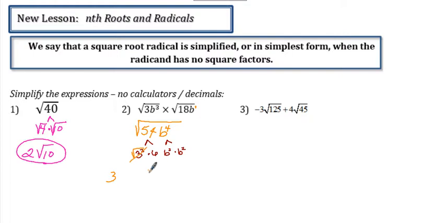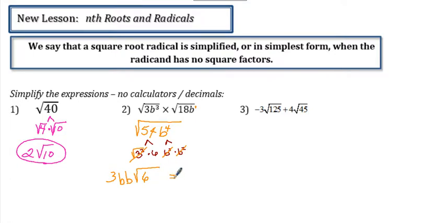You're done. The square root of 6 has to be left behind because it's not a perfect square. The square root of b squared is b. The square root of b squared is b again. And the 6, like I said, is left behind.